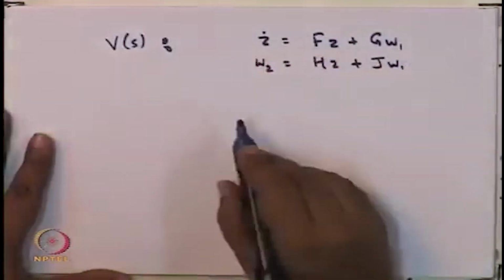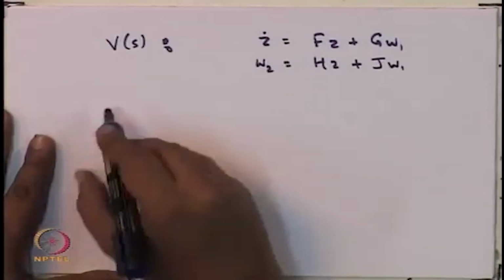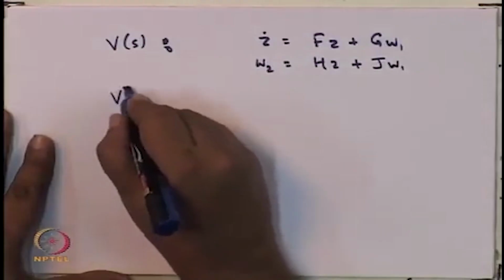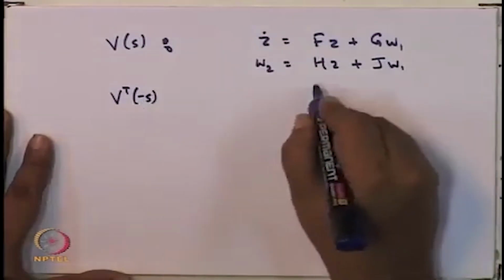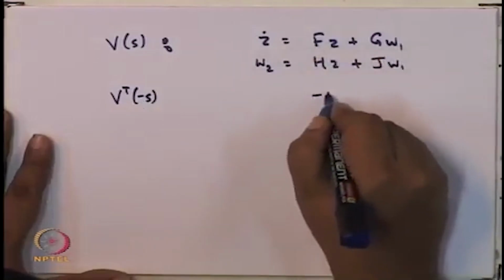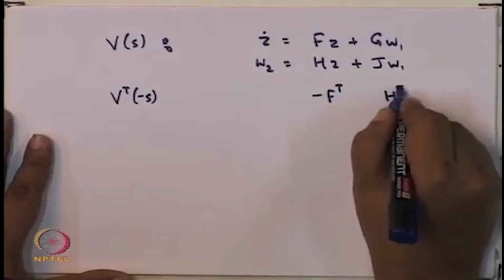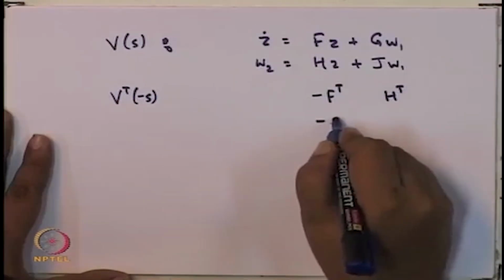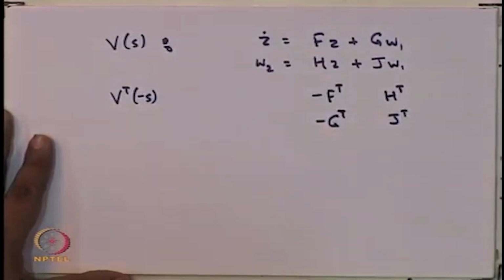If this is the state representation for V of s, then V transpose of minus s has a state representation where the matrices involved will be minus F transpose, H transpose, minus G transpose, and J transpose.